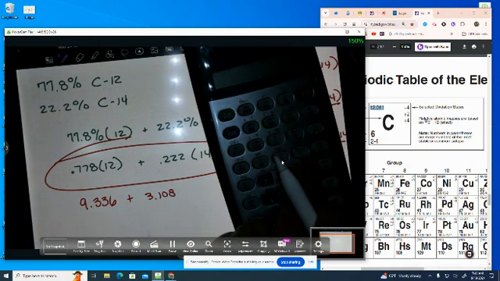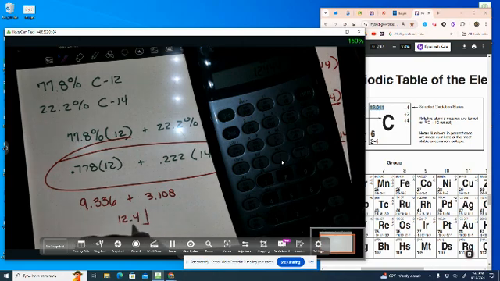Now we've got to add them together. 9.336 plus 3.108, 12.4, if we're going to one decimal place.